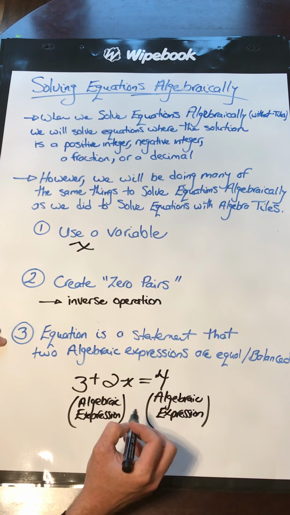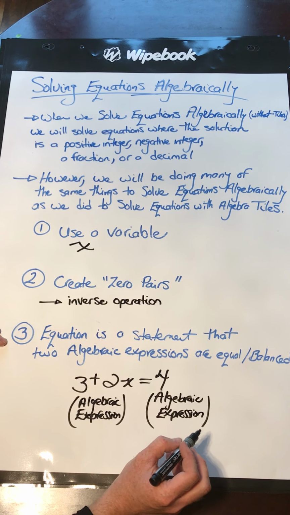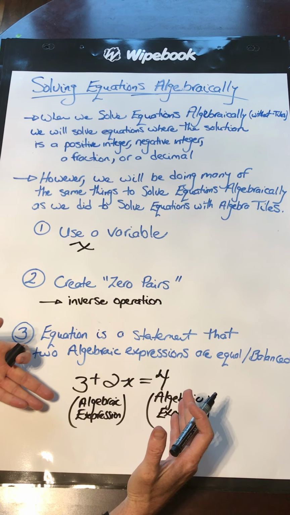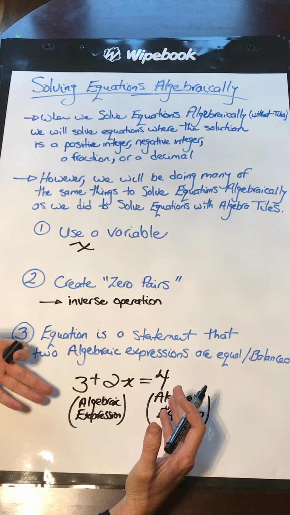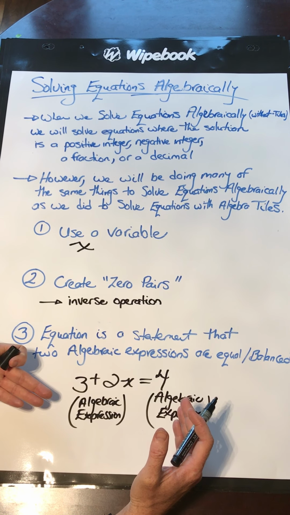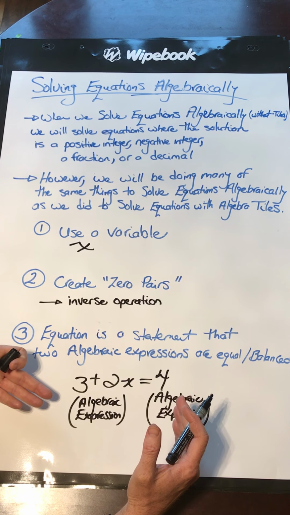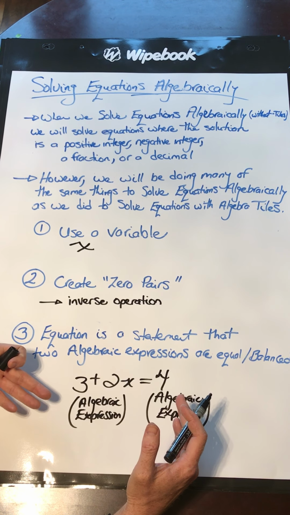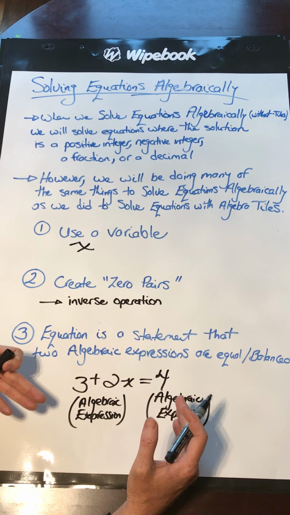And this goes to the important point that this is balanced. They are equal. And in order to maintain that balance, we have to make sure that whatever we do to one side of the equation, we must also do to the other side of the equation.